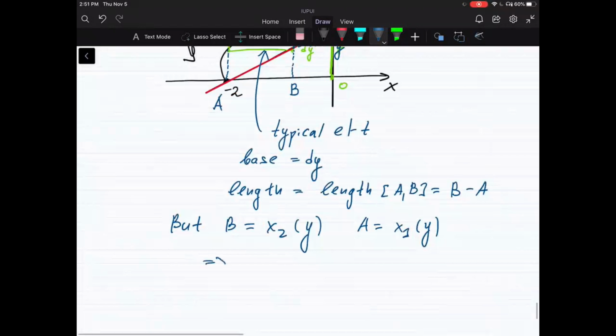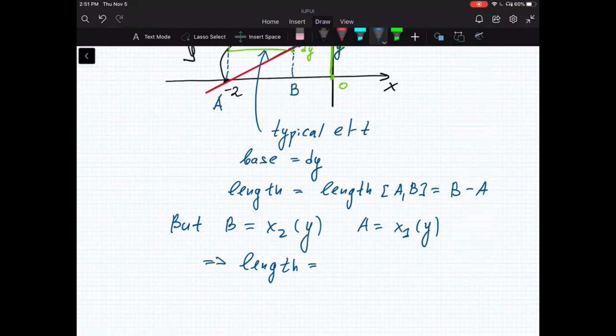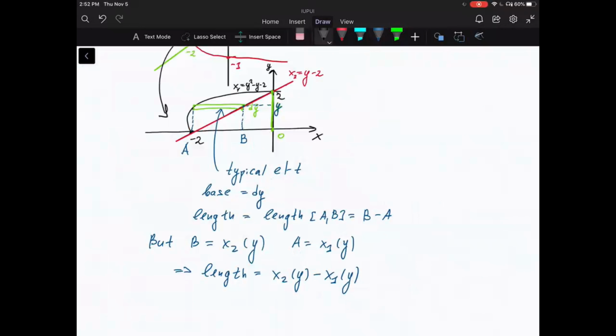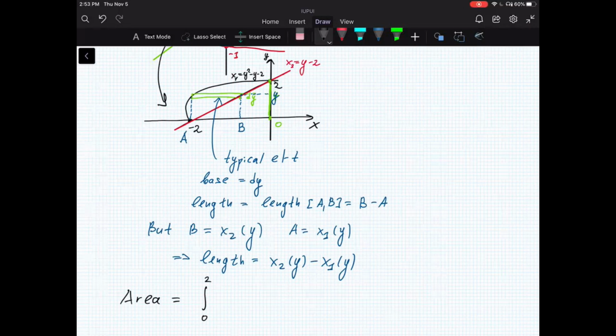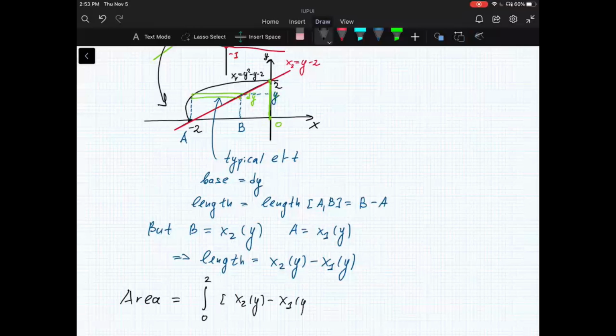So I get that my length is equal to x2 of y minus x1 of y. And thus my area is the summation of such typical rectangles, so it's an integral, and I integrate with respect to y, from 0 to 2, the area of the typical element, which is the length of my typical element, x2 of y minus x1 of y, times the base, which is dy.